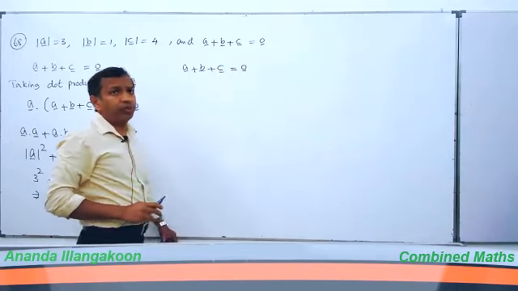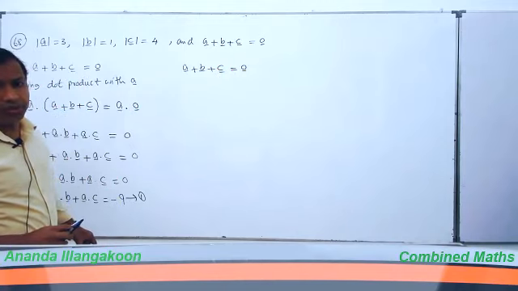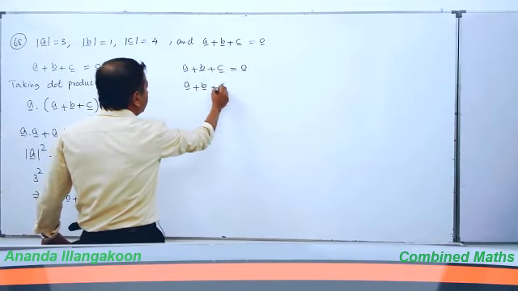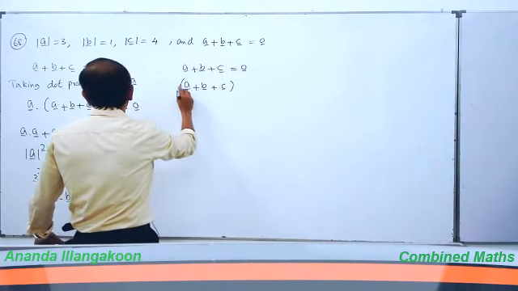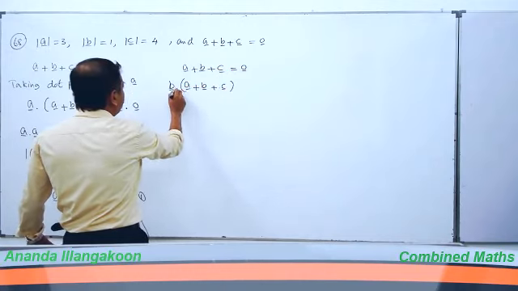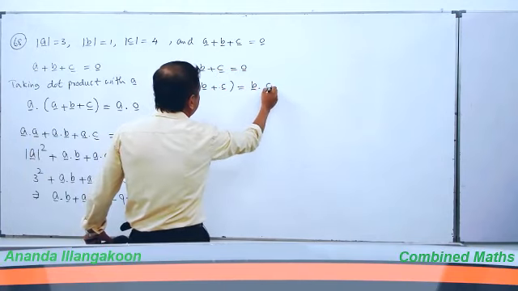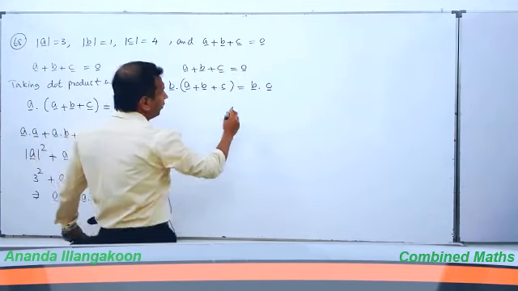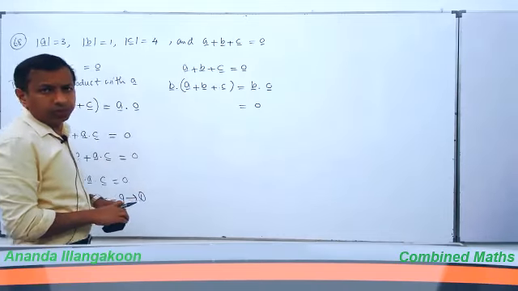I take the dot product on both sides with vector B. So B dot A plus B plus C, and on the right hand side B dot null vector, which is 0.